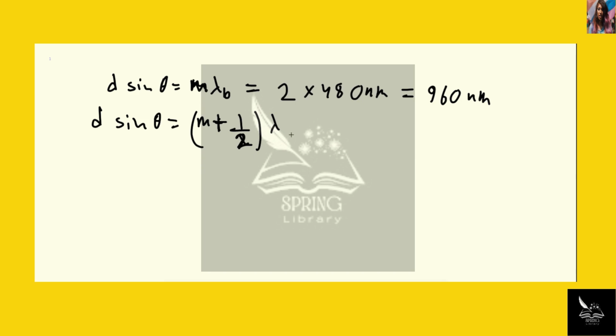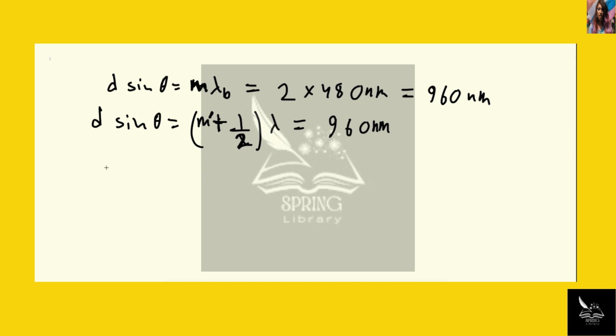And so the left-hand side will be 960 nanometers. So m plus 1/2 lambda will be 960 nanometers. And let's call this m prime to distinguish the order of the minimum and the maximum on the screen.